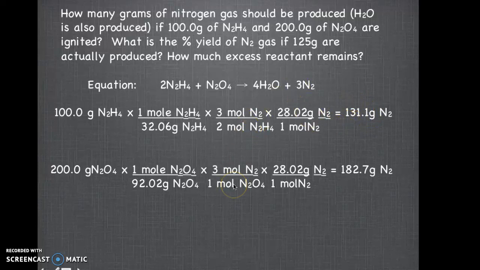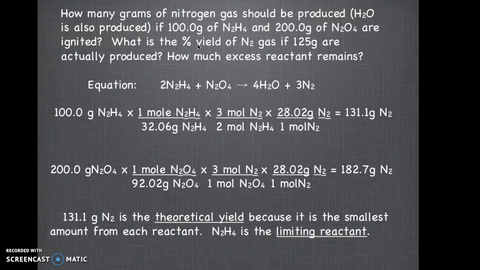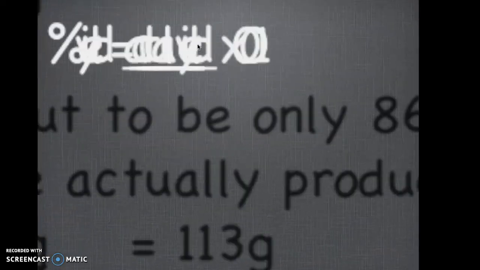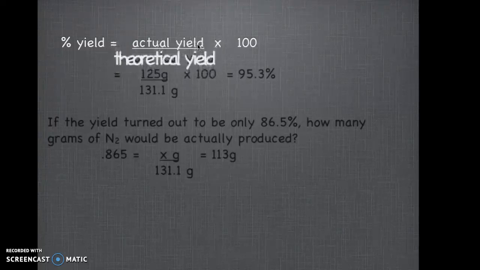So on the next slide here, we're going to go ahead and calculate that percent yield using that very simple equation that we saw in the very early part of our notes over here. So let's take a look at how to calculate percent yield. Percent yield is always the same thing. It's your actual yield divided by your theoretical, and then you times it by 100.